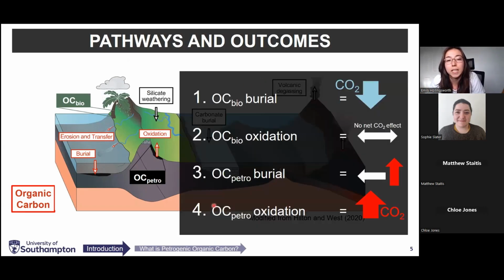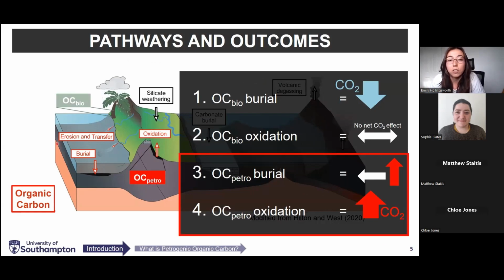And I've simplified it into four main outcomes here, but rather than going through each one in detail, I just want to draw your attention onto these last two. So both of these are involving OC petro. And as you can see, regardless of if it's immediately buried or if it's mostly oxidized, OC petro, if it's mobilized and transferred to the ocean, it's going to become a CO2 source.